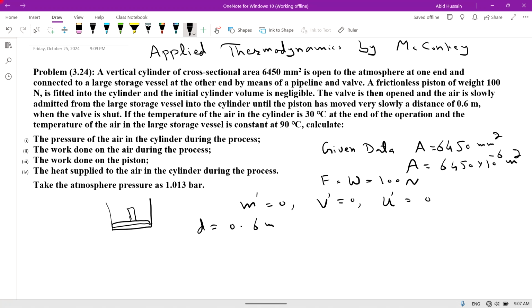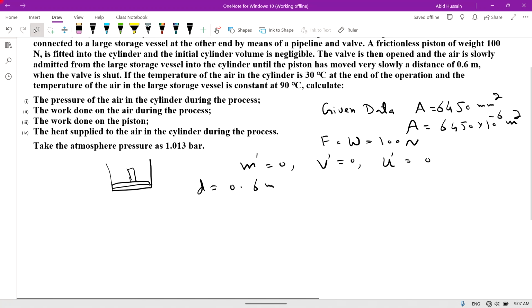Now we can find the final volume, since the initial volume is 0. The piston moved by 0.6 meter and the piston cross-sectional area is 6,450 multiplied by 10 power minus 6 square meter.